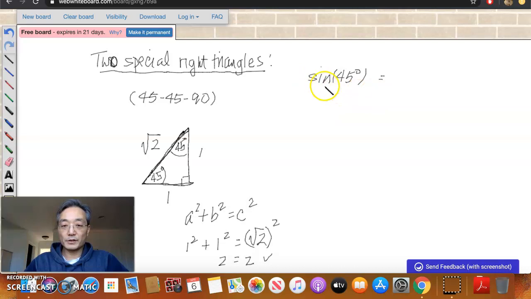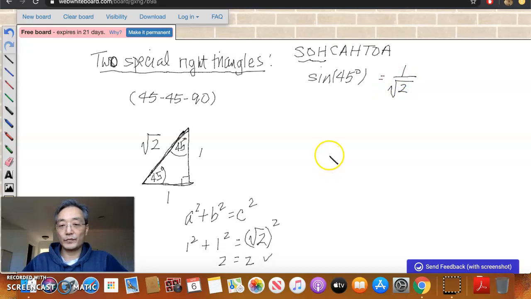Well, by definition, sine is opposite over hypotenuse, correct? So let me write the rest. Cosine is adjacent over hypotenuse, and tangent is opposite over adjacent, right? So I'm going to take the sine first. It's opposite over hypotenuse. So from the 45-degree angle, sine of 45 degrees is opposite over the hypotenuse. So it's 1 over square root of 2.